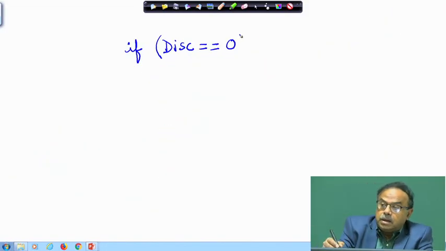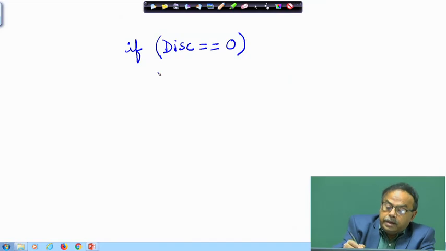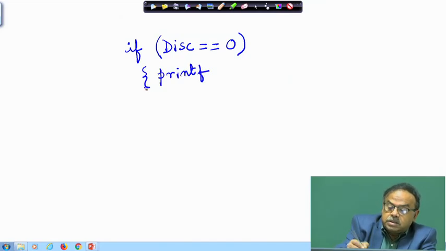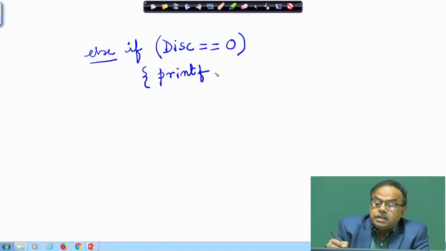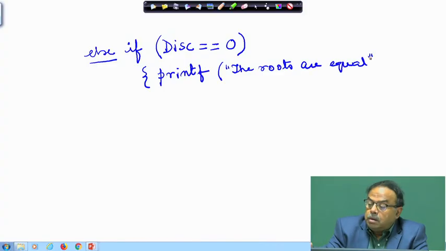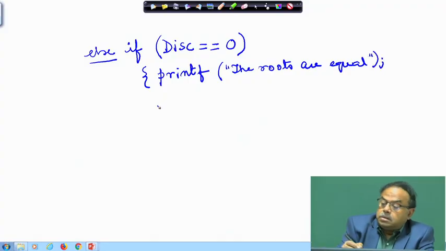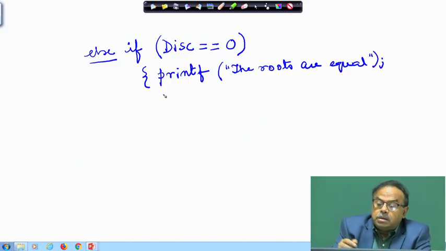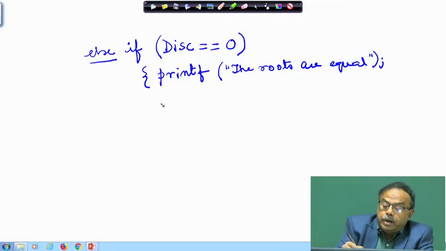If disk is 0, then printf, there is more than one sentence. So, this is coming else, that else part, else if disk is 0, printf the roots are equal, and here I do not need to bother much, I can put a backslash n, that you know by now. Printf the roots are equal, root is what now?